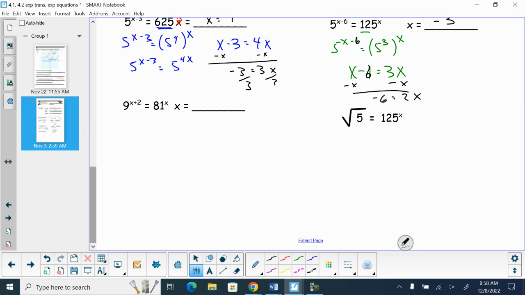Solve the next one. 2 ways of dealing with the next one.